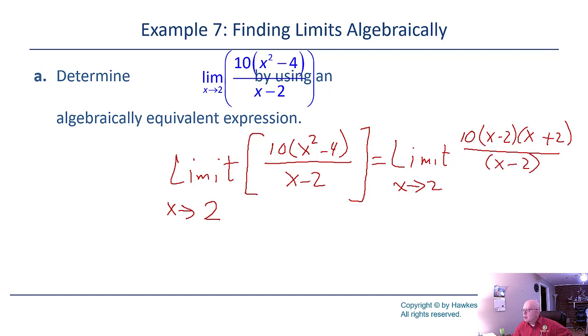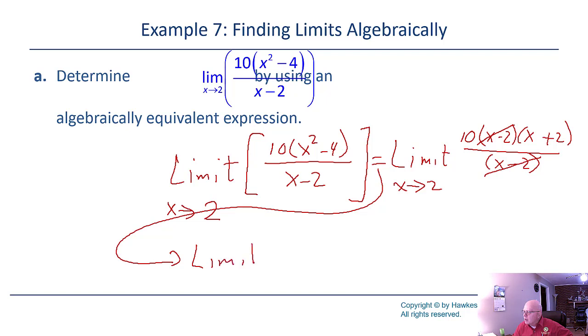Now, ignoring the limit just temporarily, because remember, it never actually hits this point, the x minus 2's cancel out. So we can rewrite this as the limit as x approaches 2 of 10 times x plus 2.